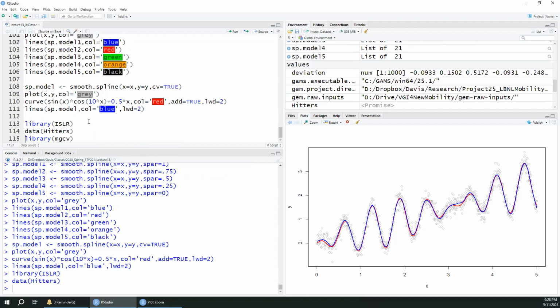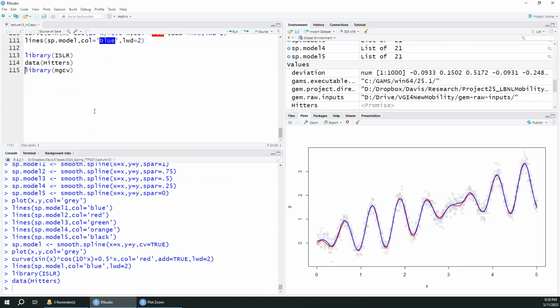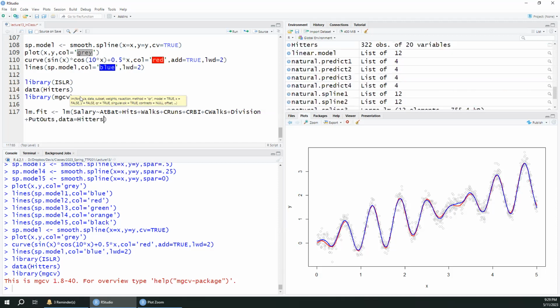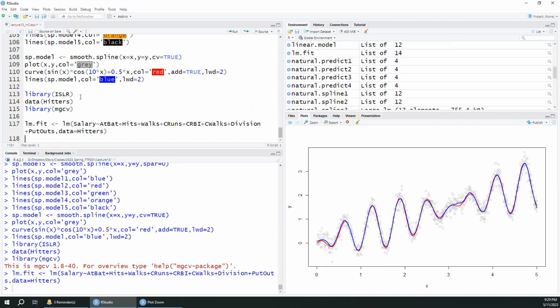That comes from the ISLR library, which we've used before, and we need to use the mgcv package, which is what allows us to run generalized additive models. Okay, so let's look at a model here, which I'll already put together. And let's take a look at this summary.